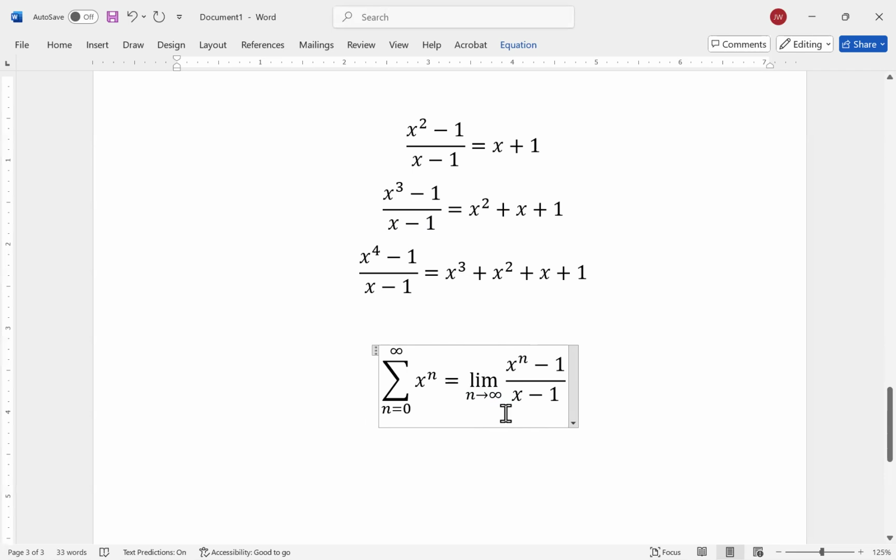Now, if this x is going to be a numerical value, if x is bigger than 1, then x to the n shoots off to infinity. If x is less than 1, then x to the n goes to 0. So let's, instead of using the x, let's just use the letter r so that we're consistent with our geometric property.